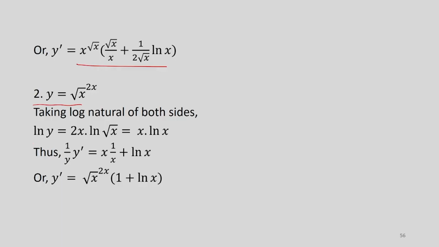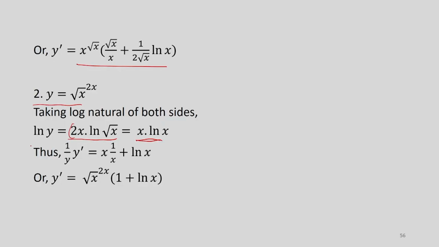On the right hand side, again I have taken the log, and I get 2x multiplied by log of root x, and this is simplified as x log of x, because this 2 is there and here x to the power half is there. So 2 multiplied by half will give me 1. Therefore, I get x multiplied by log of x.